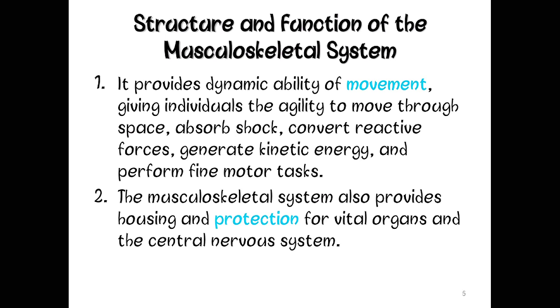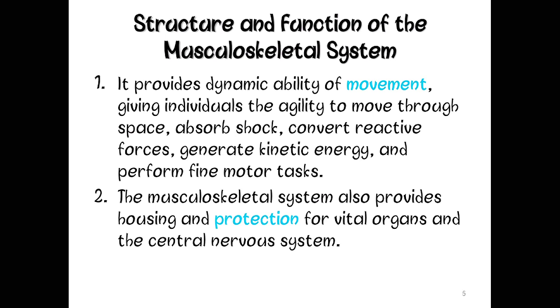Then also the musculoskeletal system assists in movement by generating kinetic energy, by performing fine motor tasks, as well as by shock absorption. Now in our body there are two types of shock absorption. First is the active shock absorption, then we have the passive shock absorption. The active shock absorption is basically made up of contractile tissue like our muscles. So muscles directly respond to the shock by contraction.